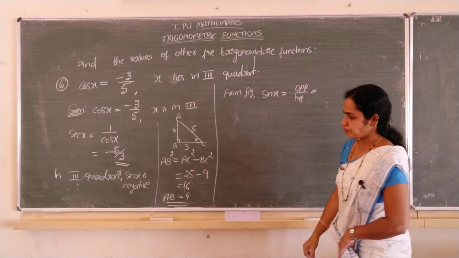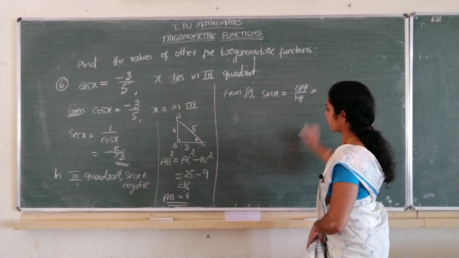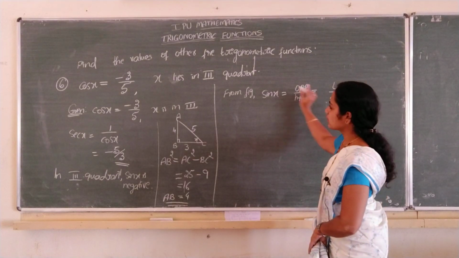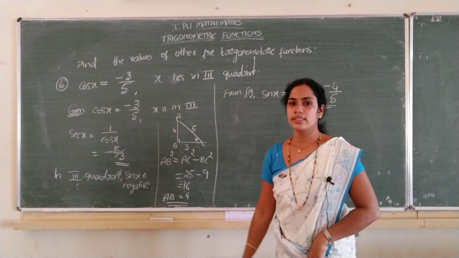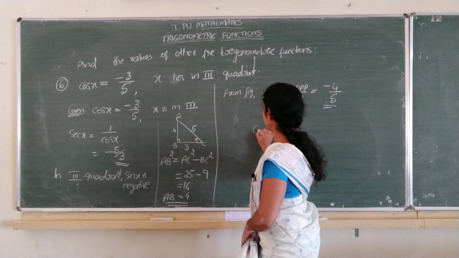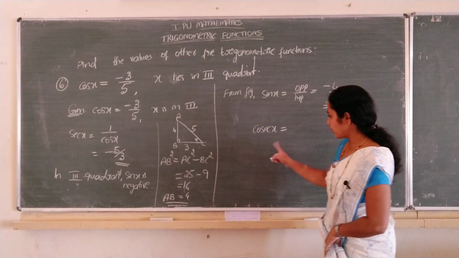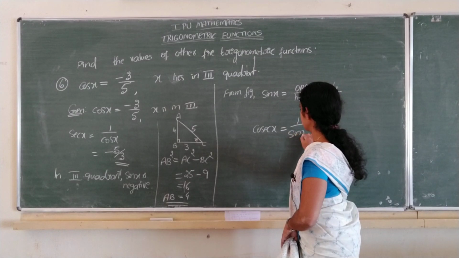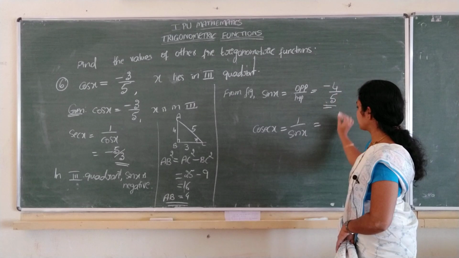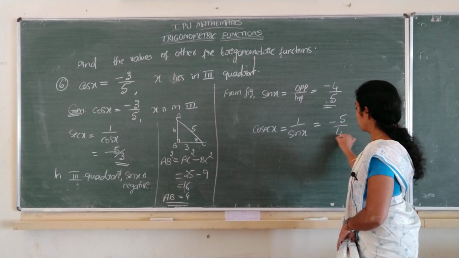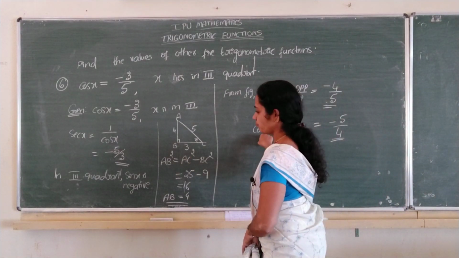What is opposite? 4 divided by 5. In the third quadrant, sin is negative. So minus 4 by 5. Then if we know sin x, we can write cosecant 1 by sin x. That is equal to reciprocal, minus 5 by 4.